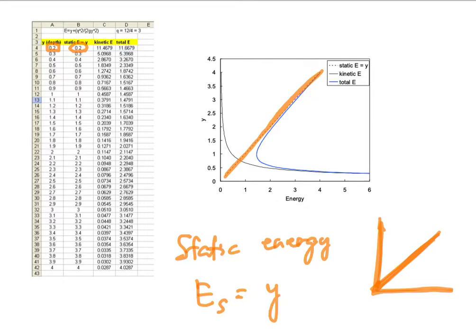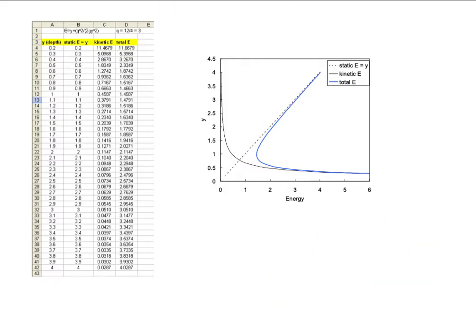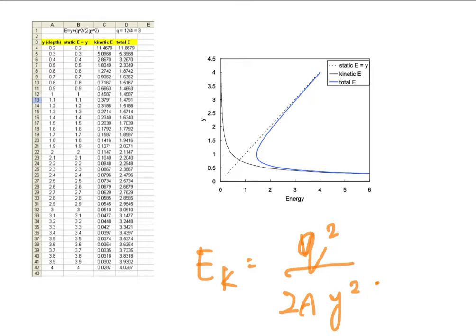Okay, so that is for static energy, and then we go for the kinetic energy. We know that the equation for kinetic energy is q square over 2g y square. So what we do is we try to plot this graph.